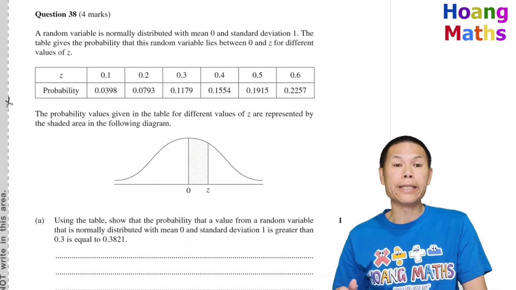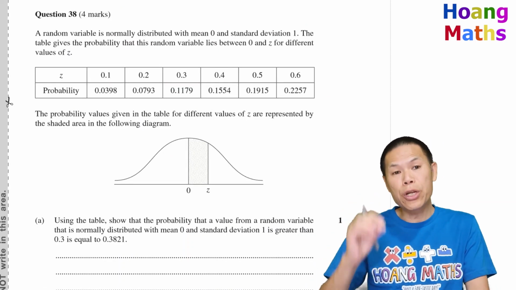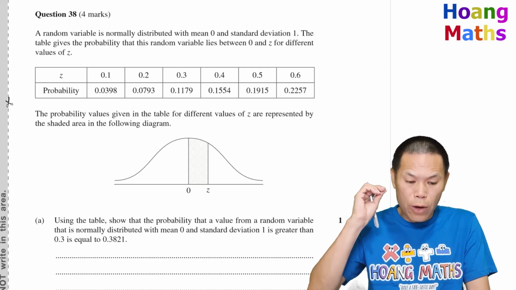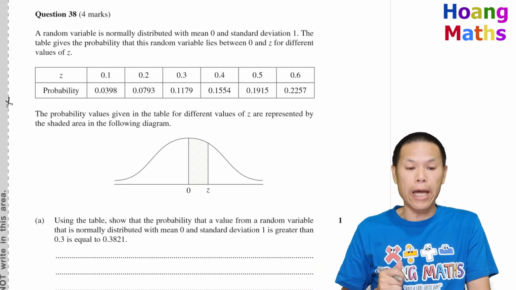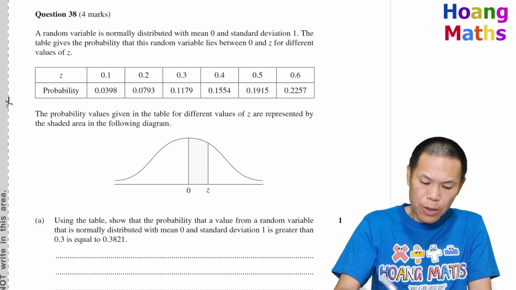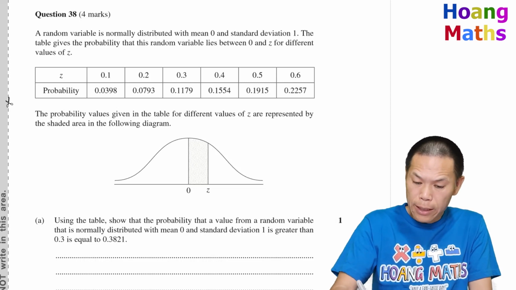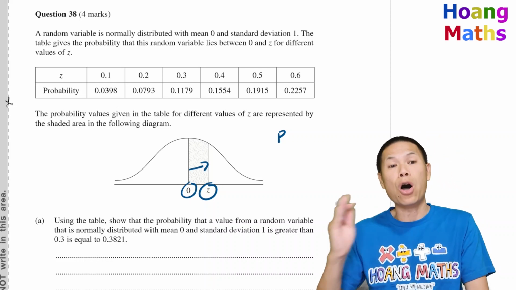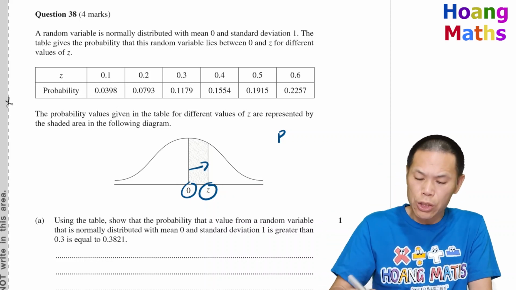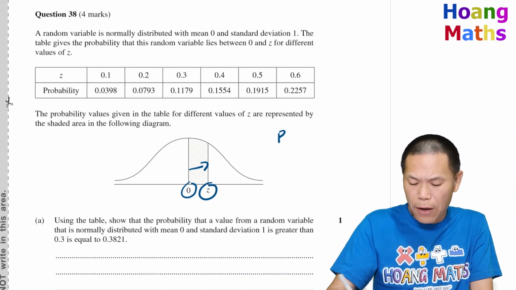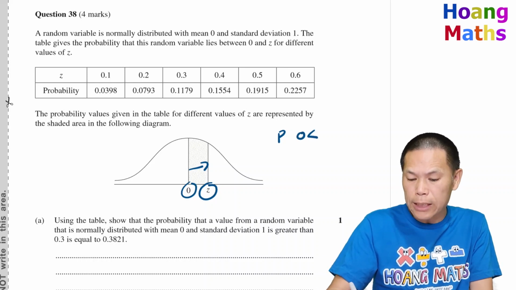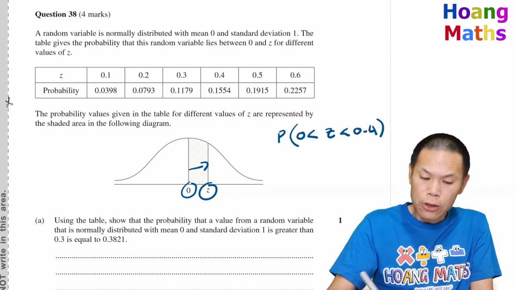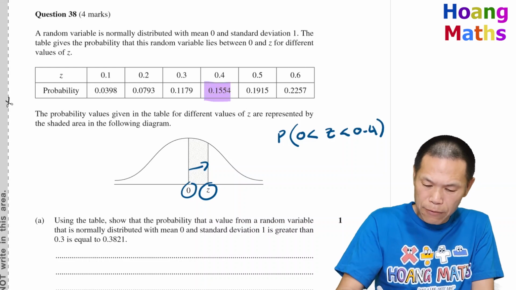Question 38. Before we do anything, we need to look at the table and understand what it shows. For the probability of 0 to z, from 0 onward, from the mean if you wish. Say I want to find the probability of z greater than 0 and less than 0.4.